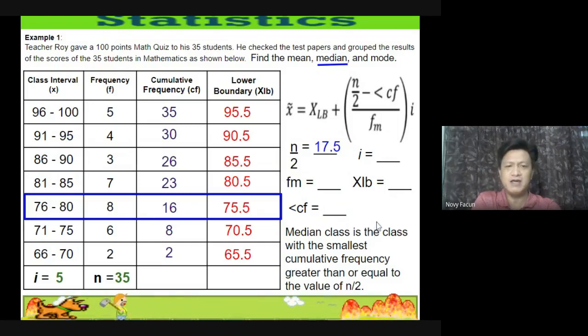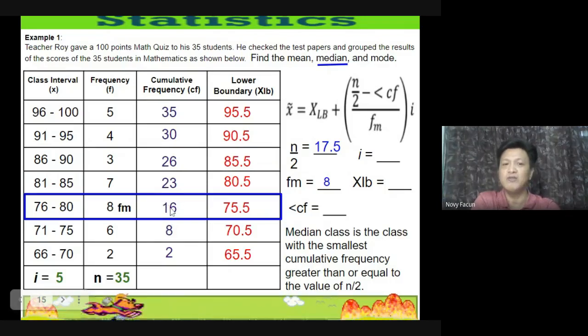So, ibig sabihin yan, we can now find the frequency of the median class. Ibig sabihin yan, that is 8. Kasi ayan yung frequency ng ating class interval. Okay, that is 8. And then, ano naman yung ating less than cumulative frequency? Kung mapapansin natin, kung ito yung ating cumulative frequency, ano yung nasa ibaba niya?